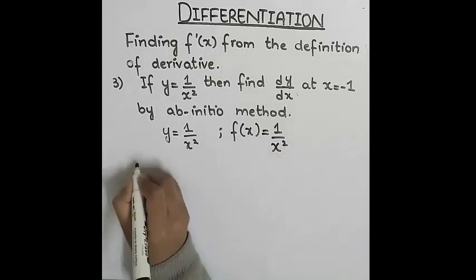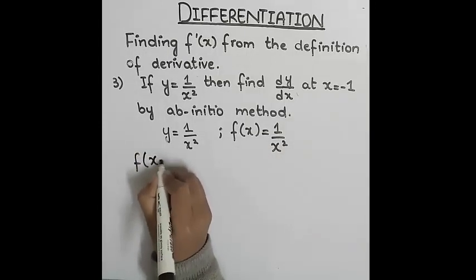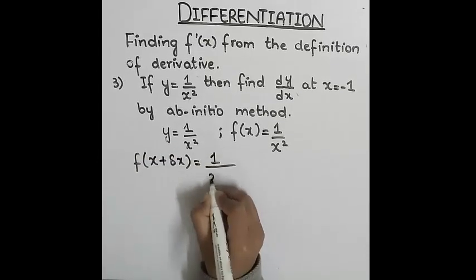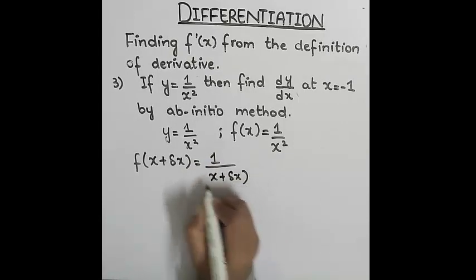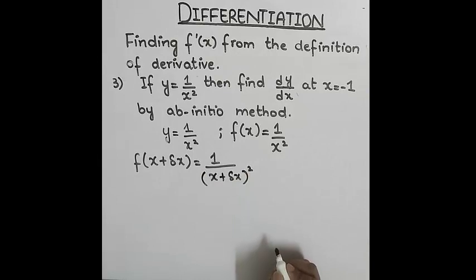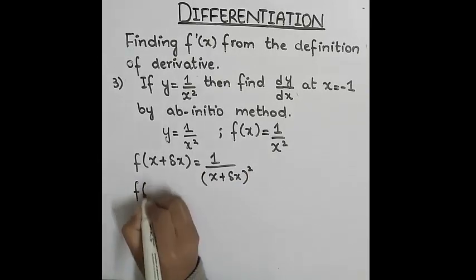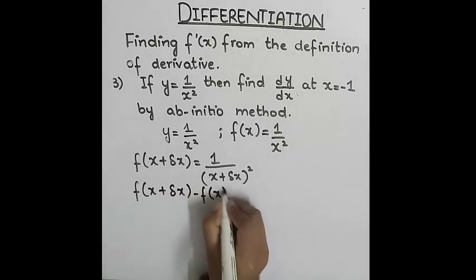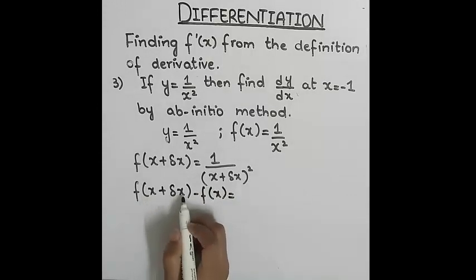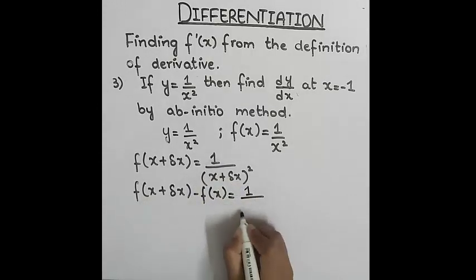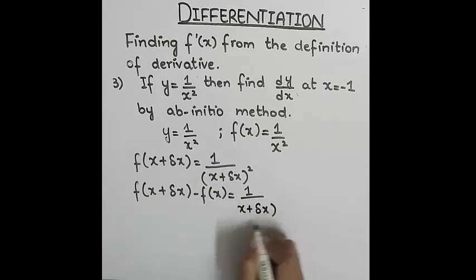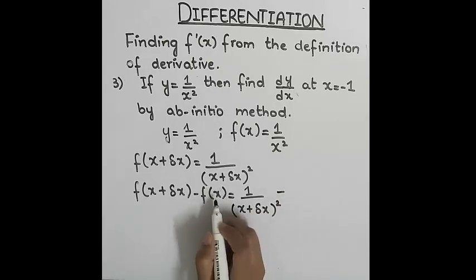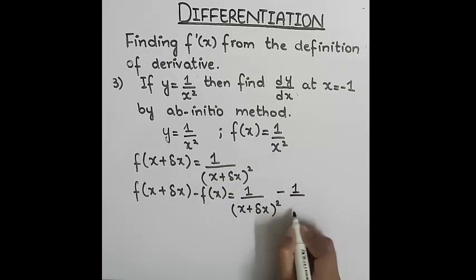First step is to add delta x in the value of x, which is equal to 1 over (x plus delta x) whole square. Second step says find f of x plus delta x minus f of x. The value of f of x plus delta x is 1 over (x plus delta x) whole square, minus the value of f of x, which is 1 over x square.